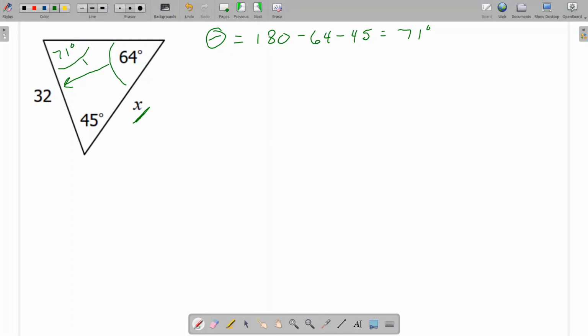And now I have all of the information I need to set up my law of sines. We can say that x over sine of 71 is equal to 32 over sine of 64. Okay, so now we can multiply both sides by sine of 71.